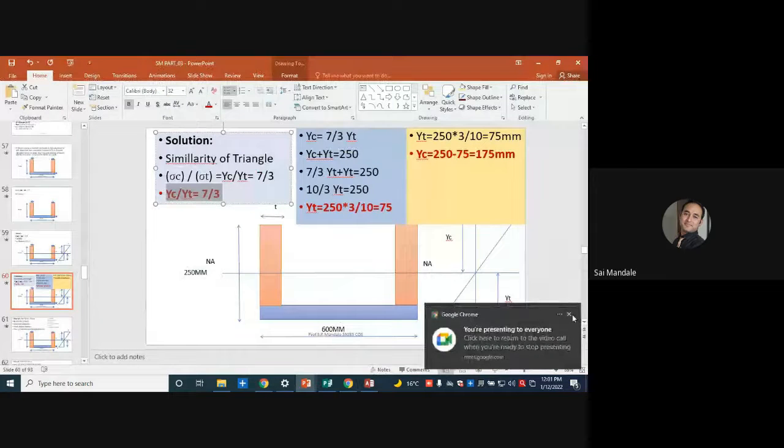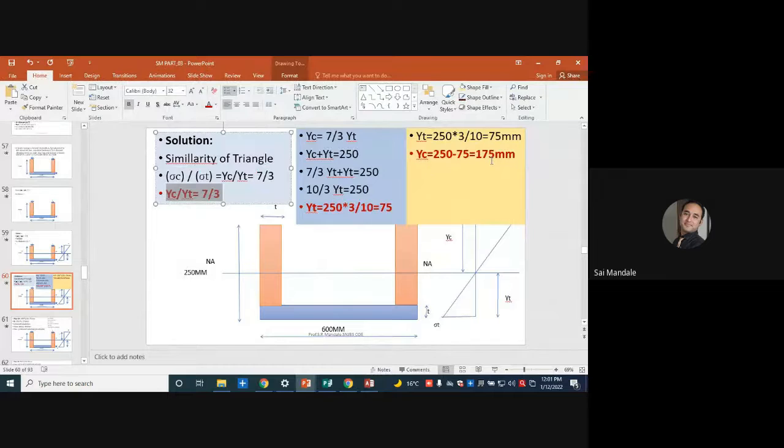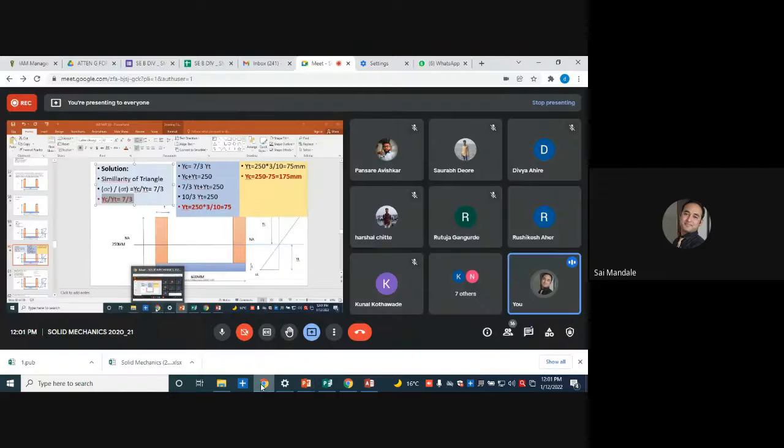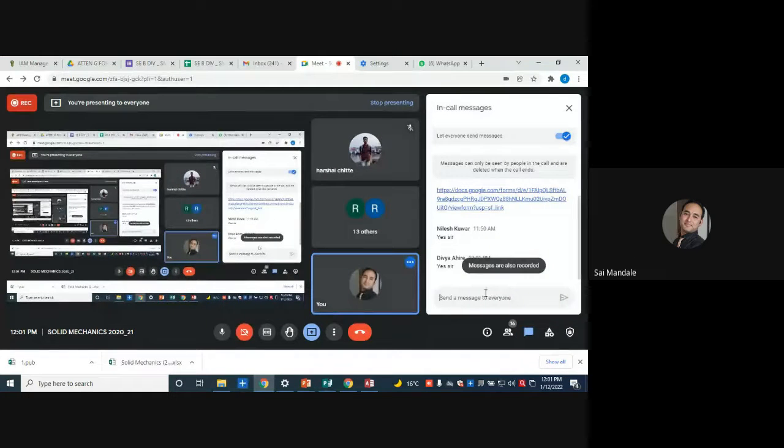If yc is equal to 175 and yt is equal to 75, what is the value of y bar? I'm not getting you. You can type your answer in the chat box. No issue. If yc and yt are given to you, I'm expecting the value of y bar. Anybody else?